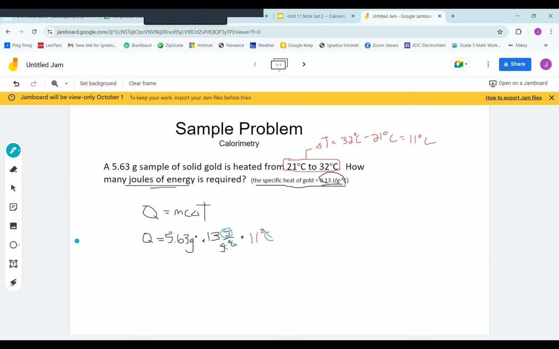So on our calculator, let's type 5.63 times 0.13 times 11. And we get 8.05 joules of energy. Not so bad. Good luck with your homework.